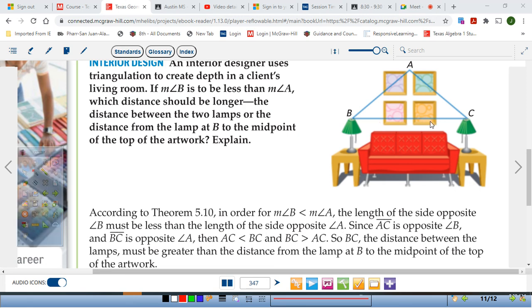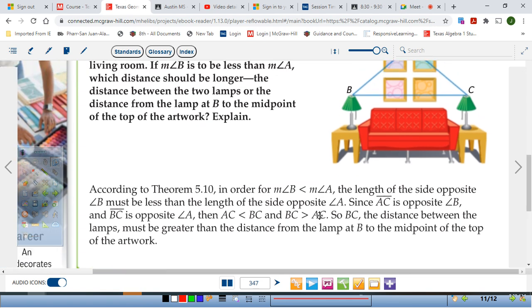So we want this one to be greater than the one across from it. Then AC has to be less than BC, and BC has to be greater than AC. You see BC and AC. We want BC to be greater than AC. The distance between the lamps must be greater than the distance from the lamp at B to the midpoint of the top of the artwork.